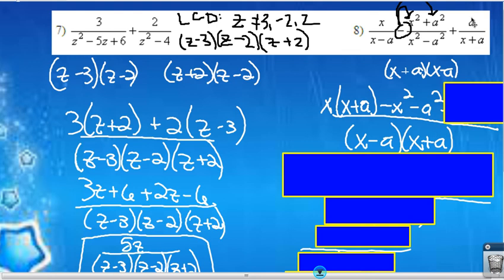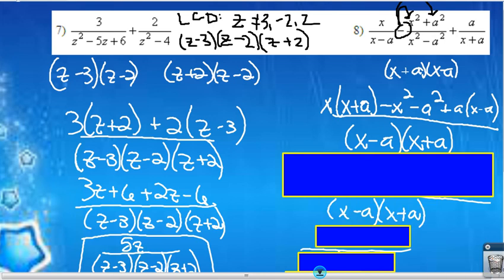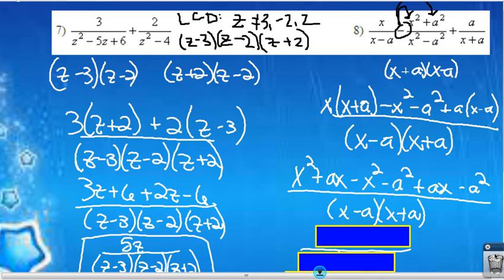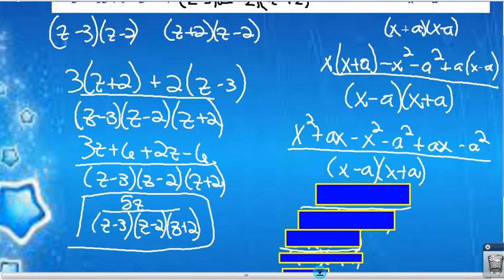For the last fraction, the a is missing the x minus a, so we're going to have the a times the x minus a. Nothing else about this changes. The least common denominator stays, and you need to reduce the numerator. So distribute the x, keep this middle part the same, distribute the a, and you should get x squared plus ax minus x squared minus a squared plus ax minus a squared.